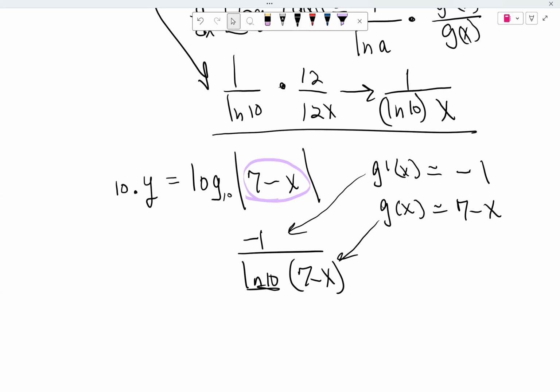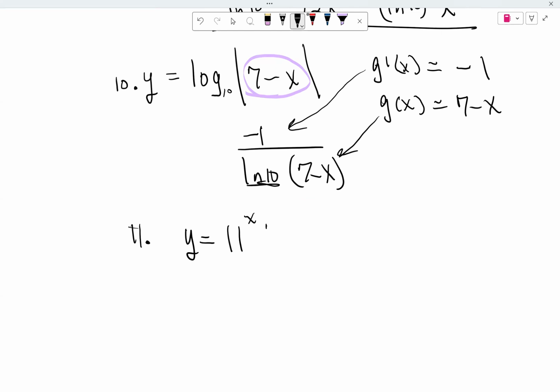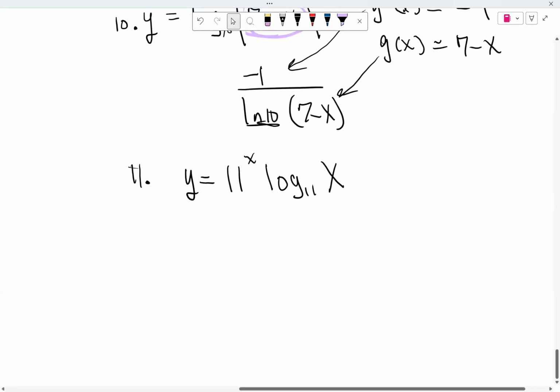Okay, I'm going to give you 2 more examples here just to kind of lead you into the last part. What if I said to you in example 11, where y equals 11 to the power of x times the log base 11 of x, and I'm trying to determine its first derivative.